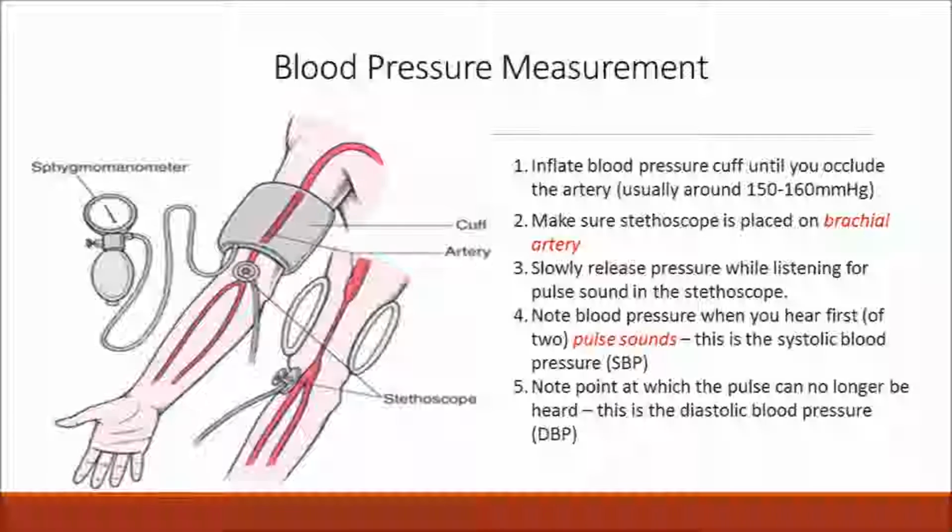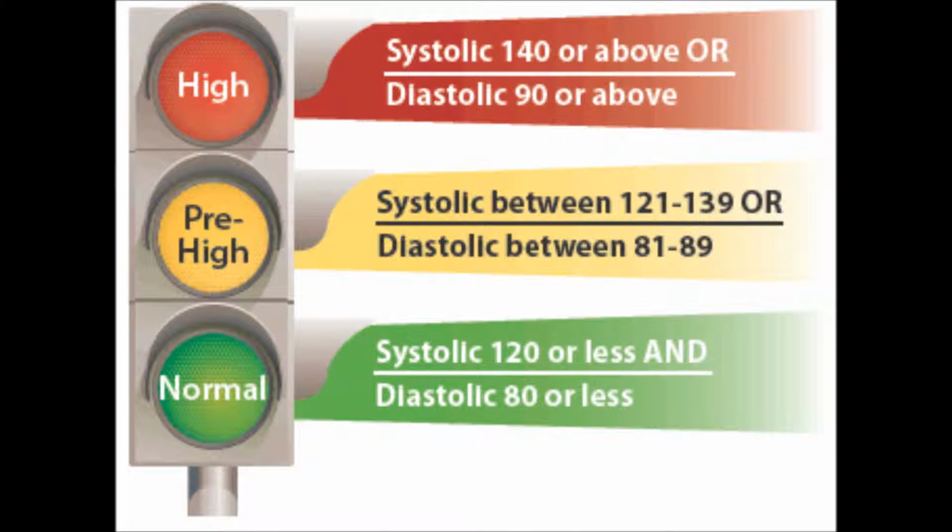Normal values for blood pressure would be a systolic blood pressure around 120 or less, and a diastolic blood pressure around 80 or less. The units are millimeters of mercury.